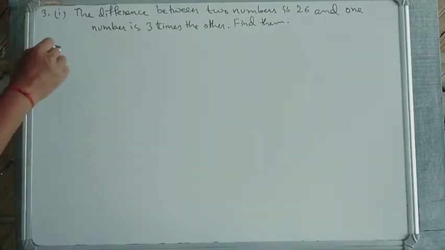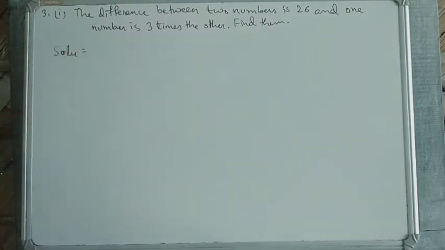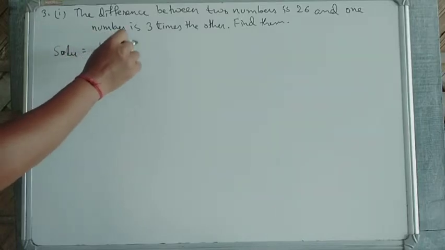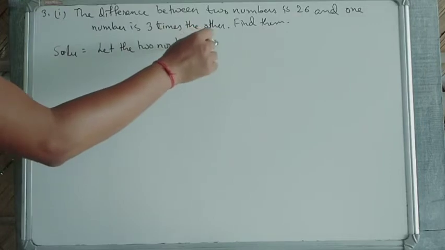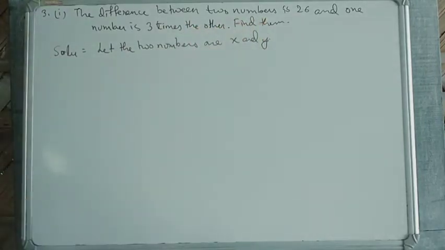Both the numbers we will take as x and y. So let the two numbers be x and y.